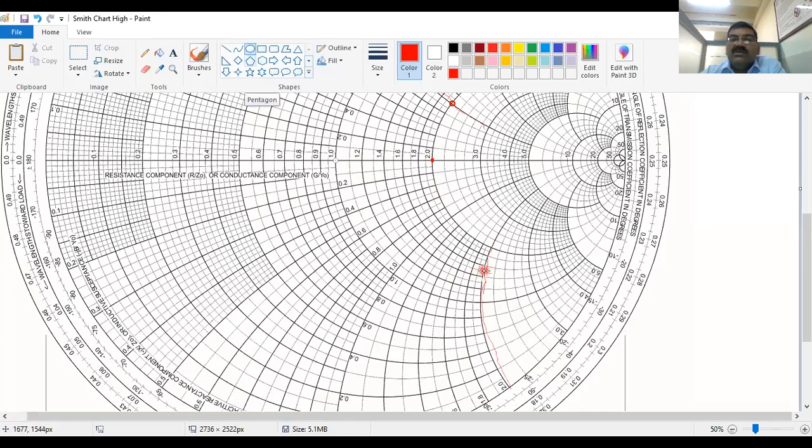So this is the circle, and this is nothing but Z2. Is there any doubt? You can ask, and we will go for the other also.